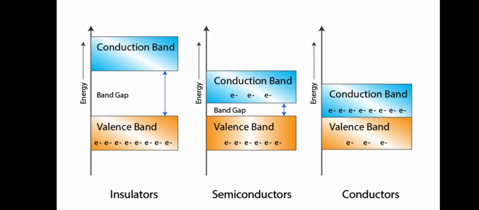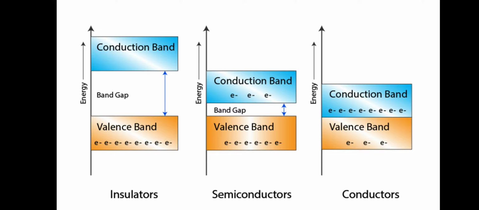Whereas in a semiconductor, the band gap is small and the electron can be transferred to the conduction band when we apply an external circuit or thermal energy, that is if we heat it. So the electron can be transferred to the conduction band and hence they act as semiconductors.